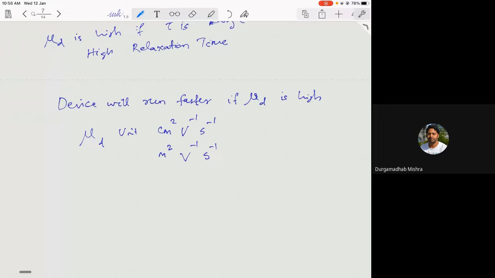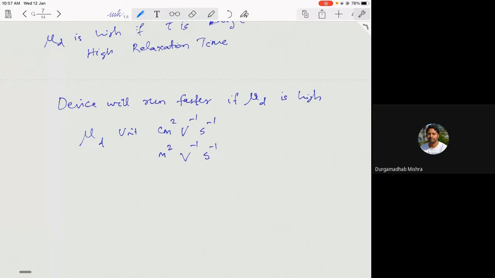When you apply this voltage, if the electron responds really fast, you can vary the flow of current. For example, for the diode, you can make it on or off faster. That is the way of saying the devices will be faster.